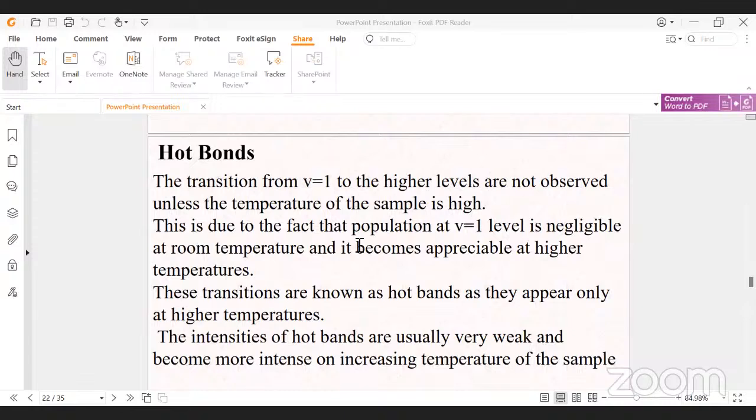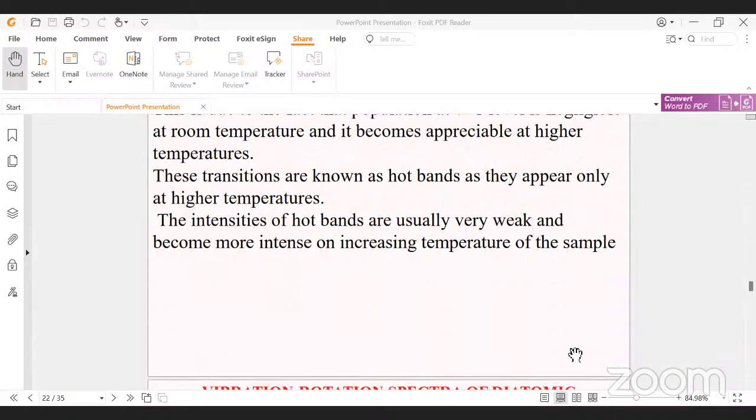This is due to the fact that the population at the V equals 1 level is negligible at room temperature. It becomes appreciable at higher temperature. These transitions are known as hot bands as they appear only at higher temperatures. The intensities of the hot bands are usually very weak and become more intense with increasing temperature of the sample.